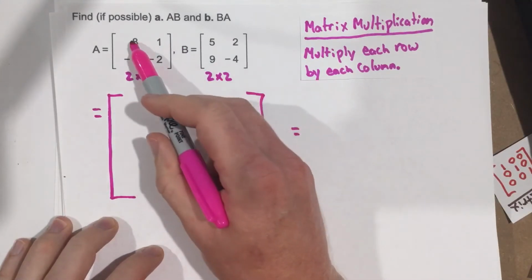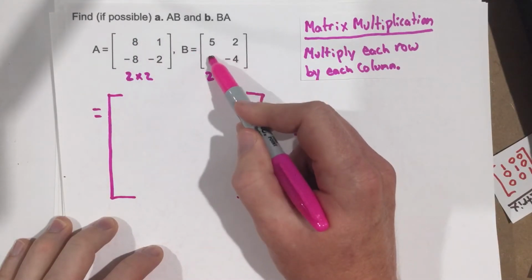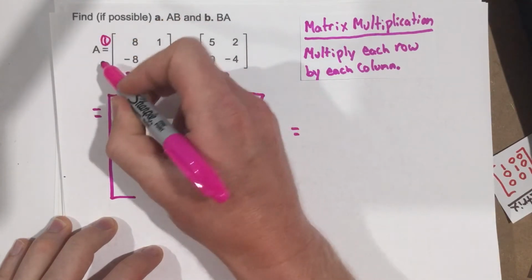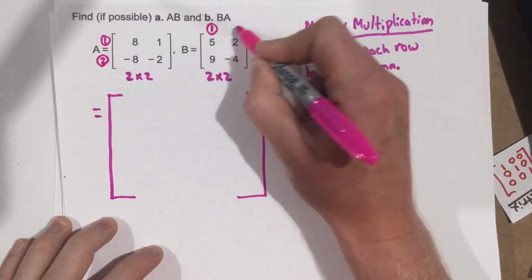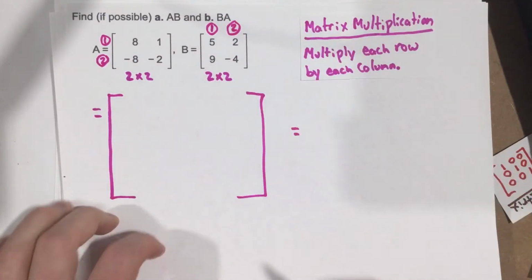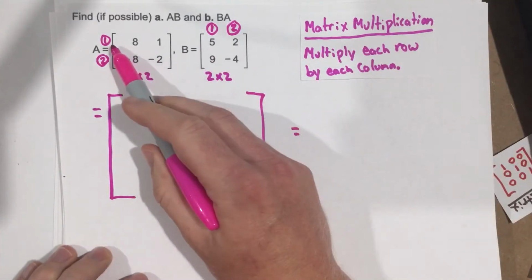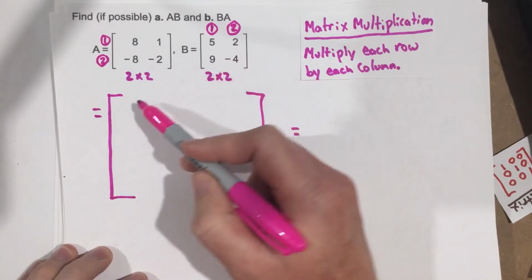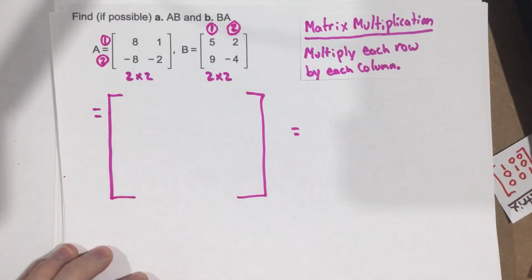So I've got to take row 1 times column 1. And this is really important, we're going to label these. This is row 1, and this is row 2. This is column 1, column 2. Because when we multiply, we're multiplying each row by each column. So we're going to take row 1 times column 1, and that's going to be the 1, 1 spot, the upper left-hand corner of our 2 by 2 matrix.